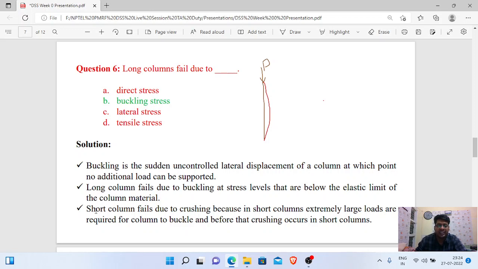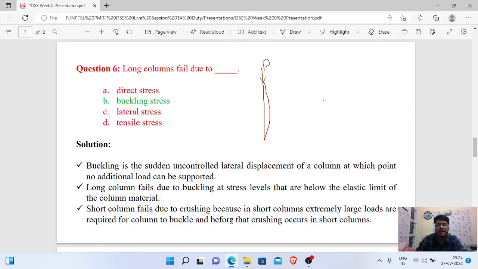In the case of a short column, it fails due to crushing, because in short columns extremely large loads are required for the column to buckle. The failure criterion for a short column is crushing. If you are wondering why a short column does not fail due to buckling, it is because an extremely large load is required for it to buckle, and before reaching that load the column will fail due to crushing.